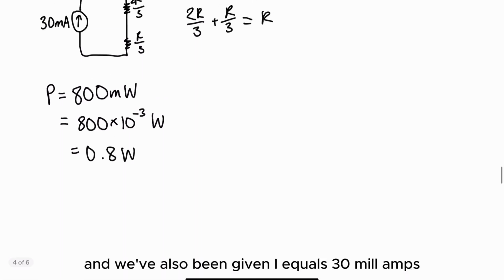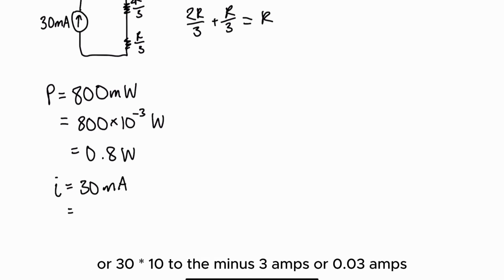And we've also been given I equals 30 milliamps, or 30 times 10 to the minus 3 amps, or 0.03.